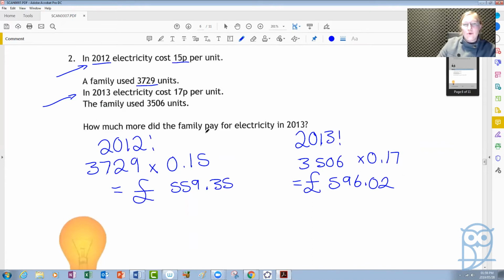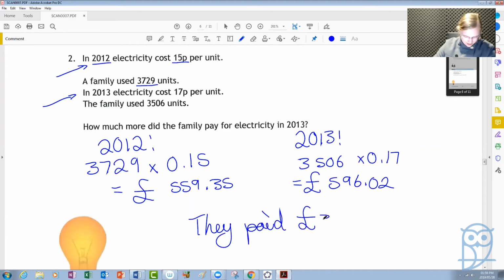So how much more did the family pay for electricity? We take that, we minus that, and our answer is then they paid £36.67 more.